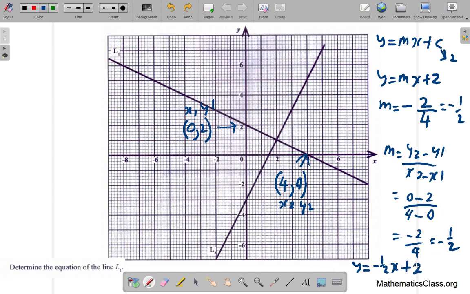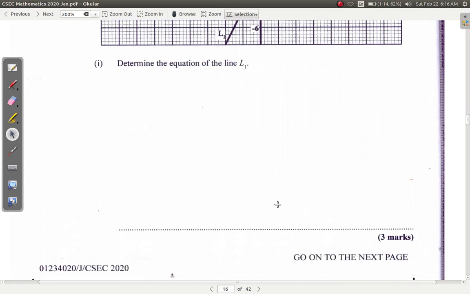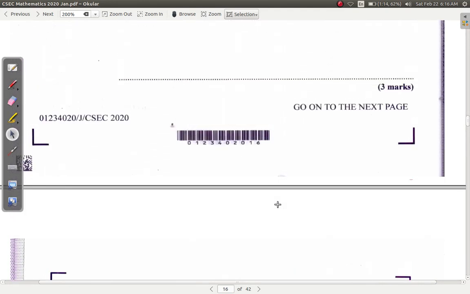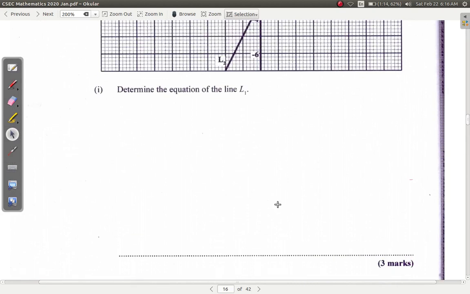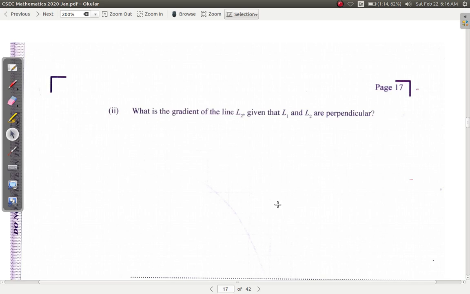That's the equation of the line L1. That's part 1 here. Part 2 says, what is the gradient of the line L2, given that L1 and L2 are perpendicular?